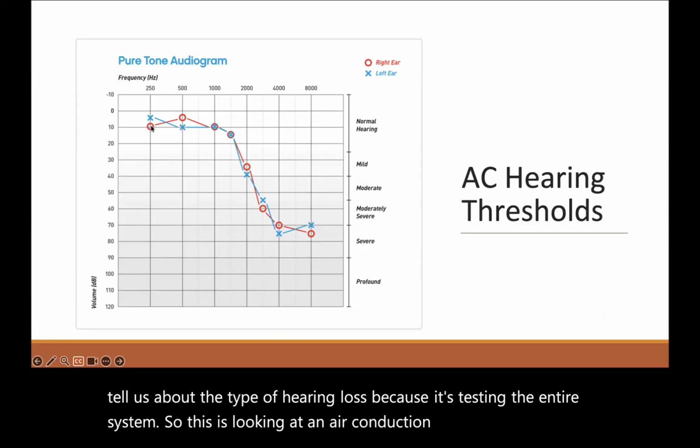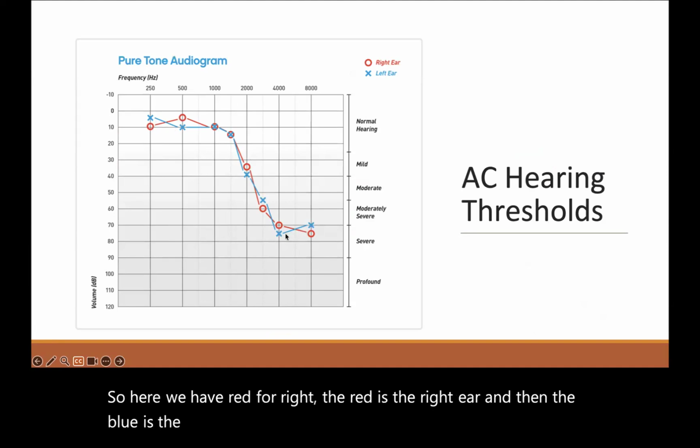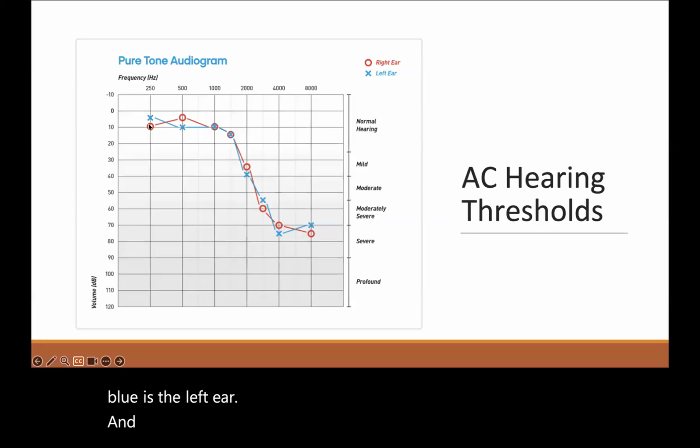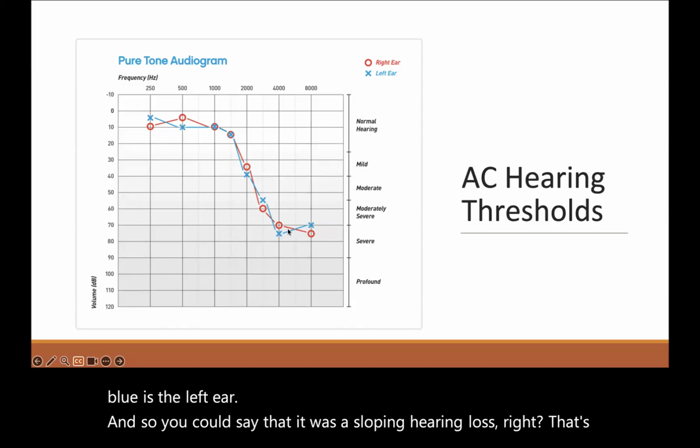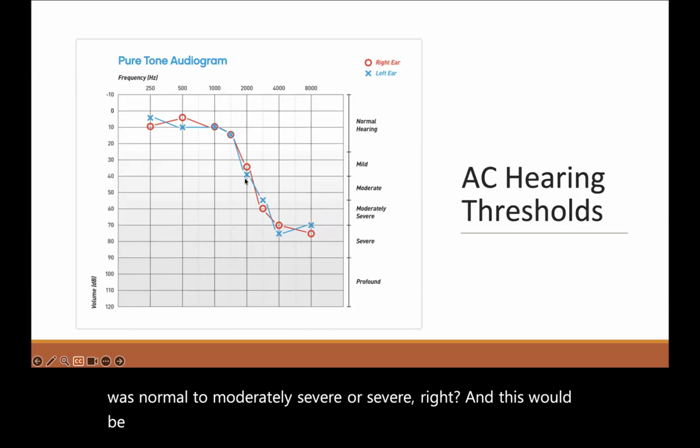Here we have red for right, the right ear, and then the blue is the left ear. And so you could say that it was a sloping hearing loss, right? Normal to moderately severe or severe, right? And this would be a bilateral hearing loss because both ears look very similar.